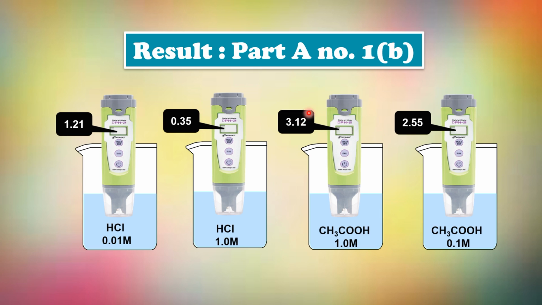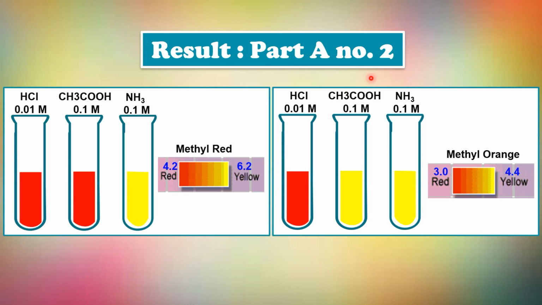We can see that the pH meter can read to 2 decimal places. For part A, number 2, you have to use two indicators here, methyl red and methyl orange, for these three solutions: HCl, ethanoic acid, and ammonia.